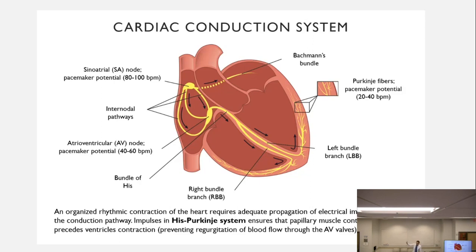So before contracting the ventricles, we need to close the AV valves. So when the ventricles contract, we make sure that the blood moves to the aorta and through the pulmonary artery. And that closure will produce a sound that we can auscultate. That is sound number one, S1.